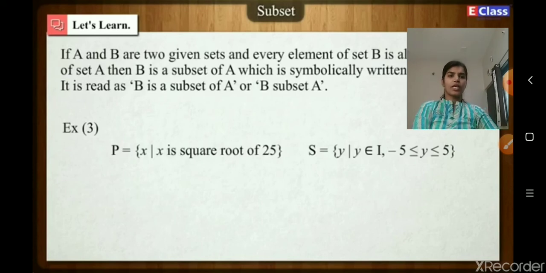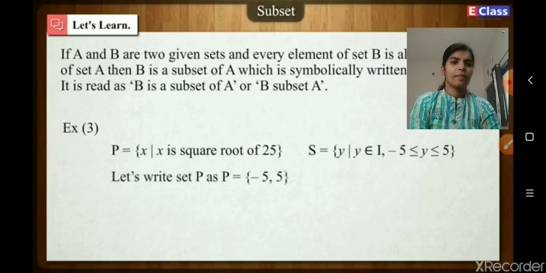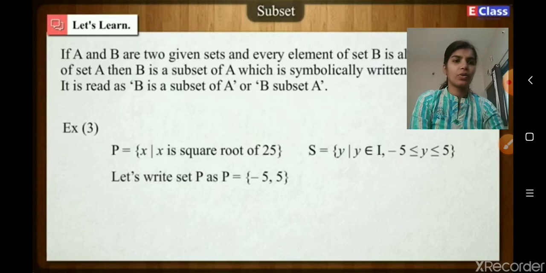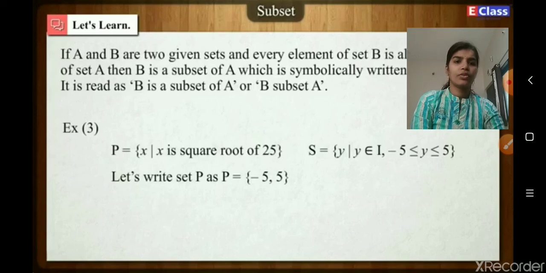So in set S we have to write down how many elements there are. In set S we write minus 5, minus 4, minus 3, minus 2, minus 1, 0, 1, 2, 3, 4 and 5.